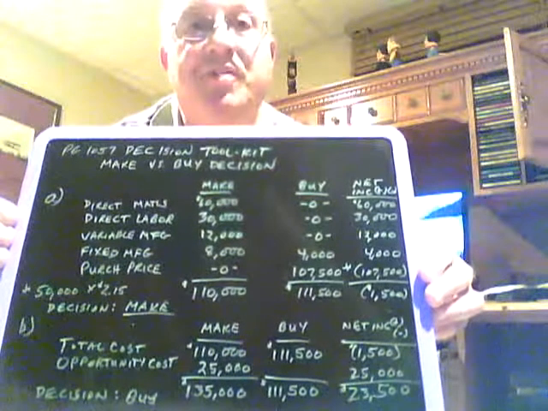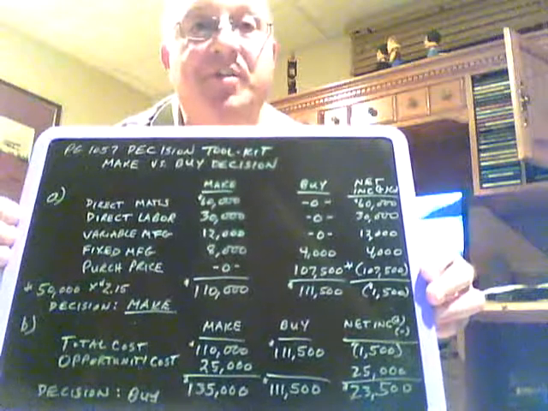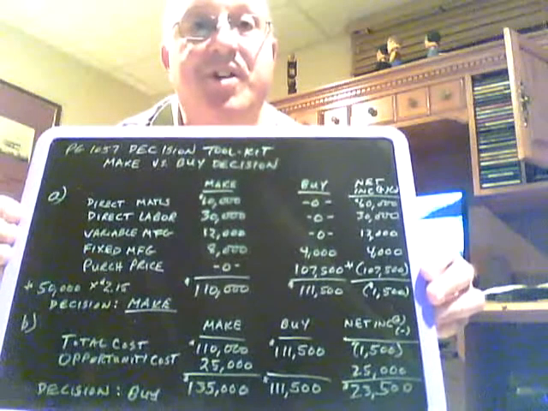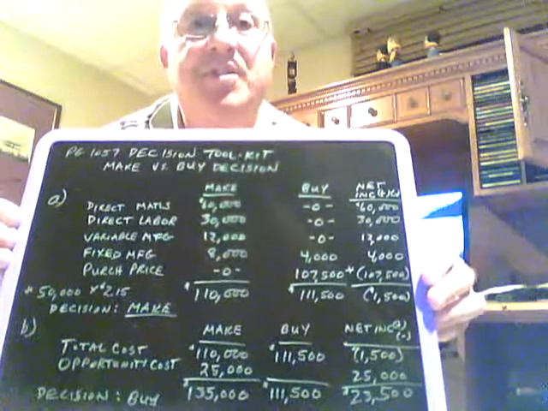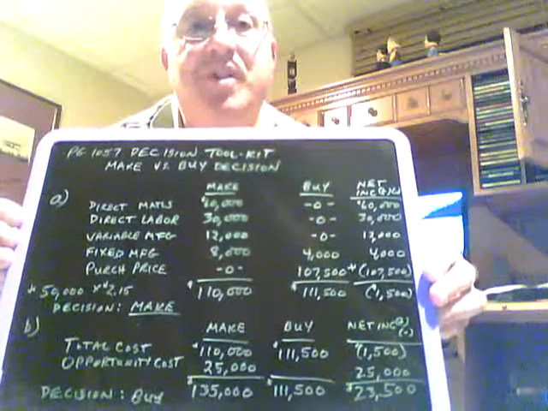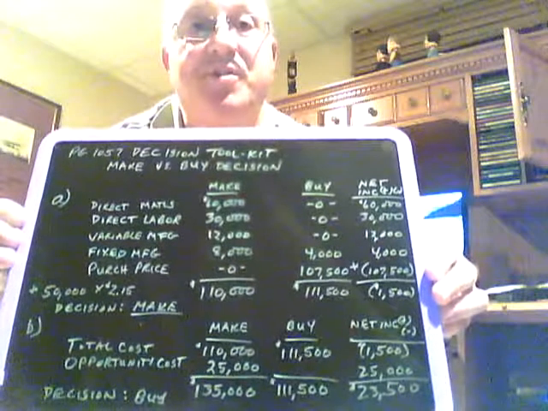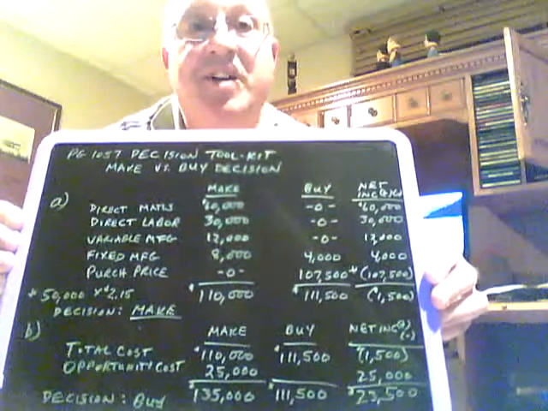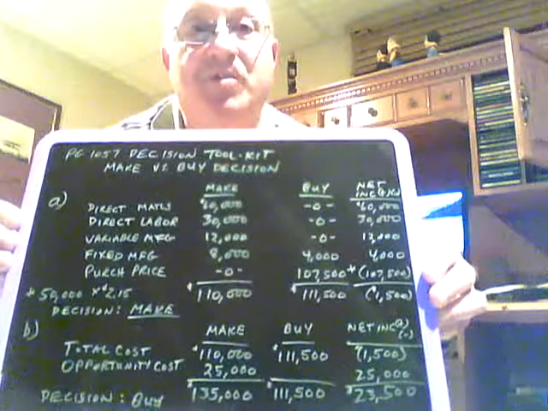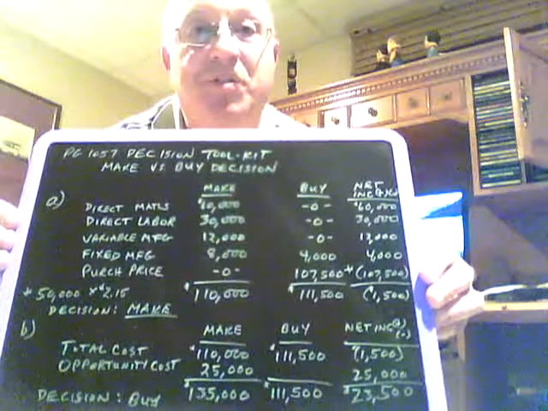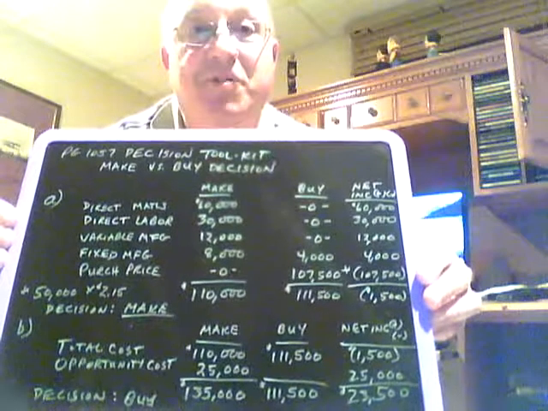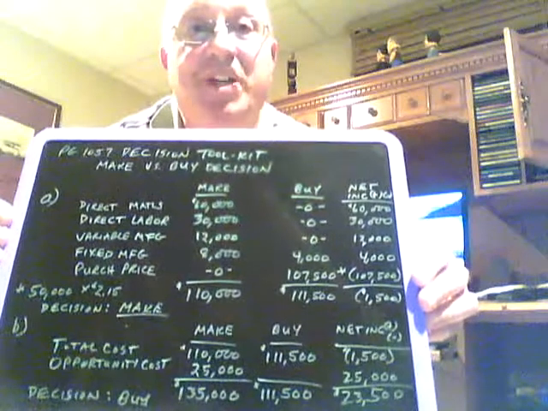But we've been told that if we buy the item instead of making it, only half of those fixed manufacturing costs are going to go away. So in the buy situation, we're going to show then 50% of that 8,000 or 4,000 in that column, because as was provided to us, we're only going to not incur 50% of that 8,000.